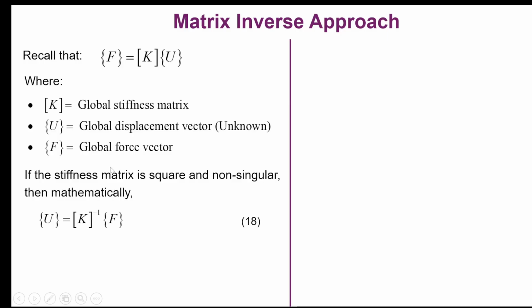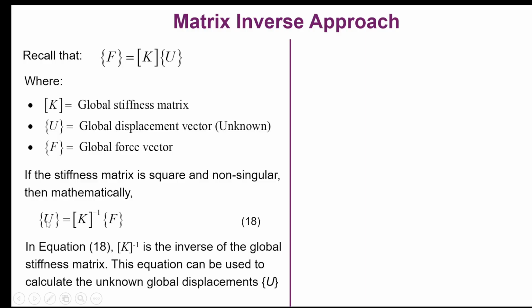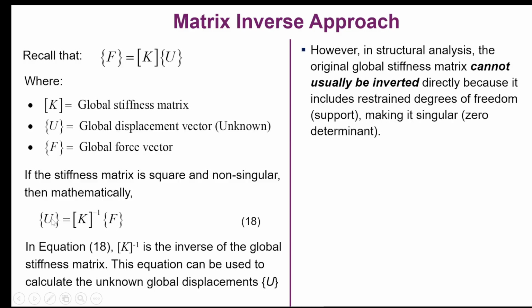So if the stiffness matrix is square and non-singular, then mathematically you can make U the subject of the formula, and U becomes the inverse of K multiplied by the force vector, which gives you the displacement vector. This K raised to power minus 1 is the inverse of the global stiffness matrix. This equation can be used to calculate the unknown global displacements.